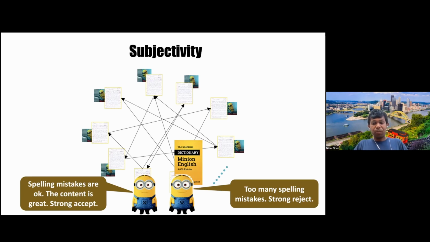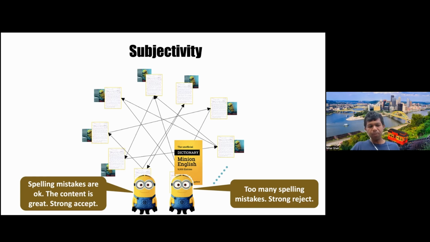So another point is about subjectivity. This has been discussed ad nauseum in the literature, much of which is in the social sciences, where different reviewers put different emphasis on the various criteria for judging a paper.